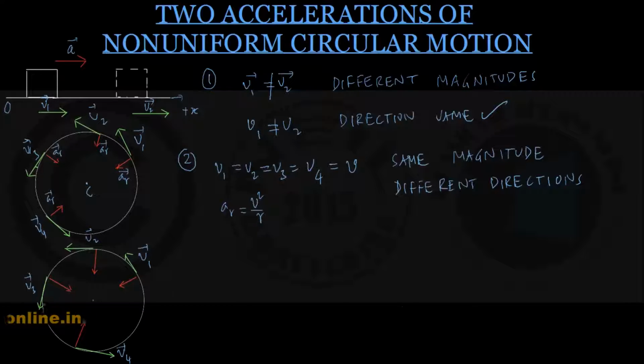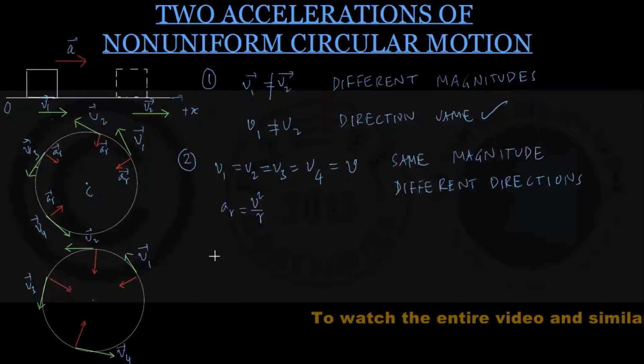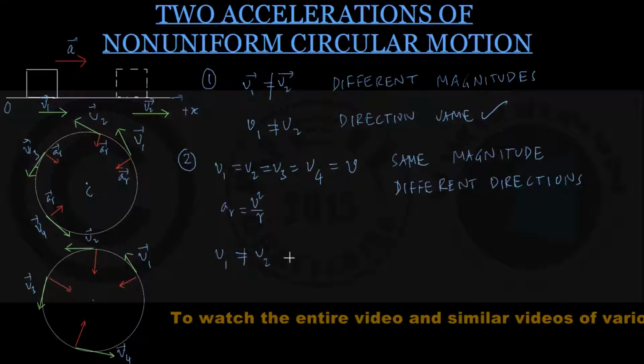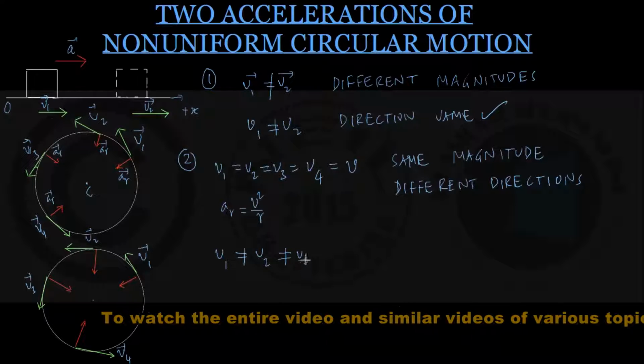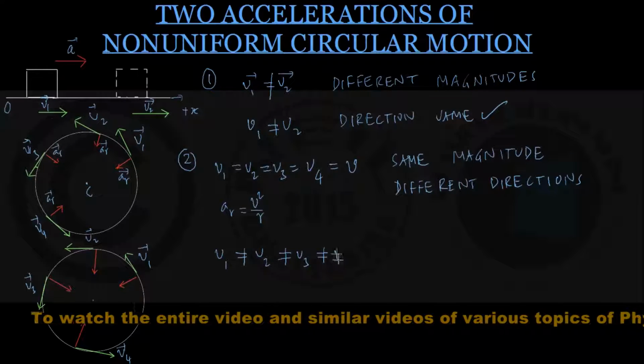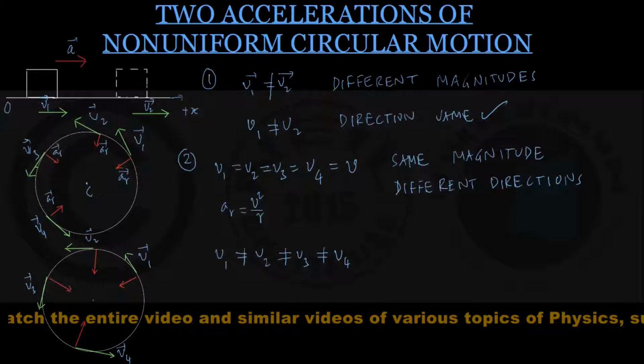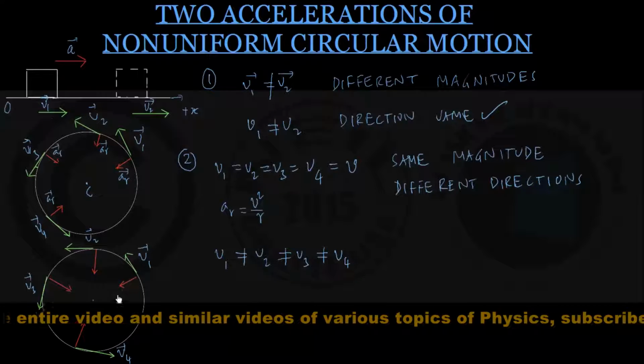So see, here it might happen. Not only is the direction changing, which is quite obvious because in circular motion the direction of velocity is along the tangent, so v1, v2, v3, v4 all have different directions along the tangent. But here one more thing, even the magnitudes of these velocity vectors are taken to be different. So that's the difference between uniform circular motion and non-uniform circular motion.